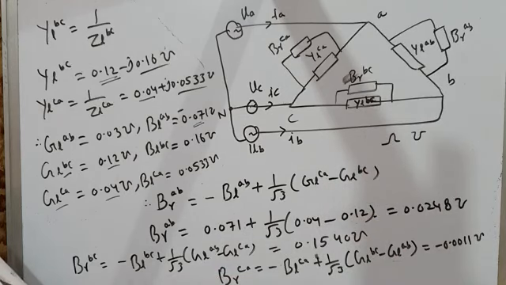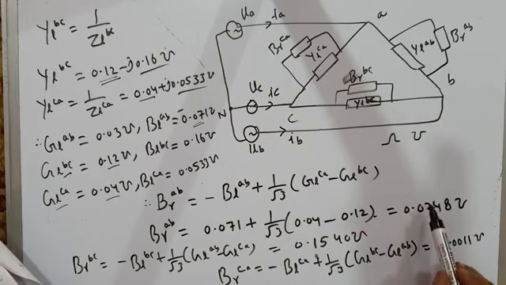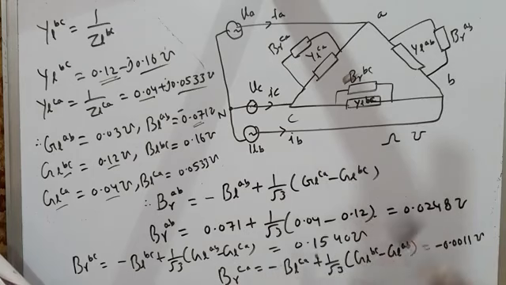Like, what is the compensator branch AB parameter, B gamma AB? It is 0.0248 mho. B gamma BC similarly is 0.1540 mho, and B gamma CA is minus 0.0011 mho. So that means these two branches are capacitances and this branch is inductance. So you have to connect across AB a capacitance whose admittance is this.